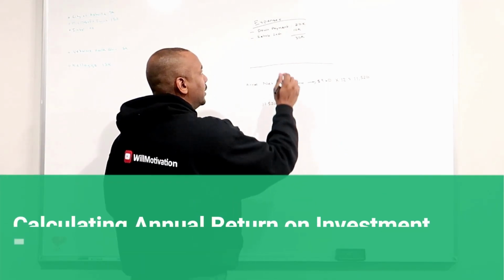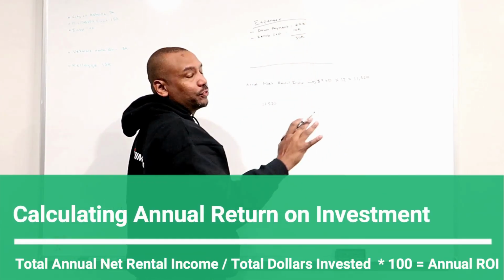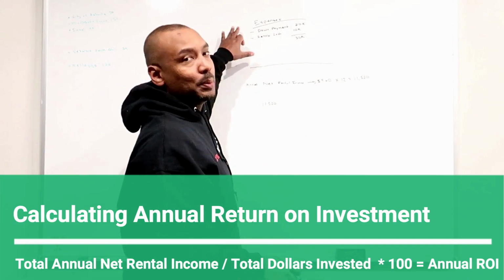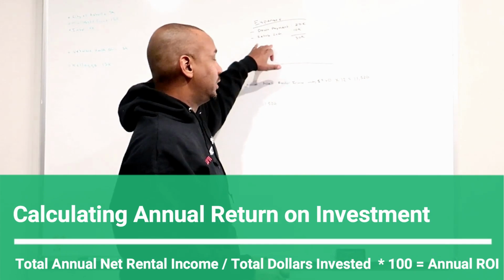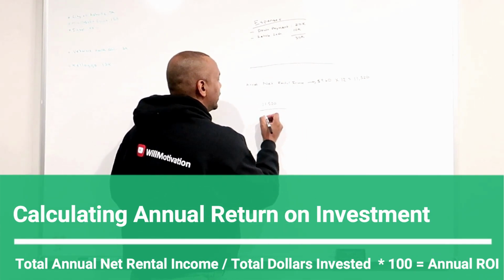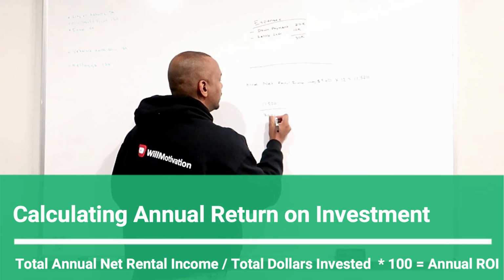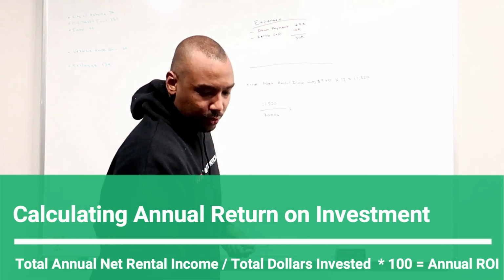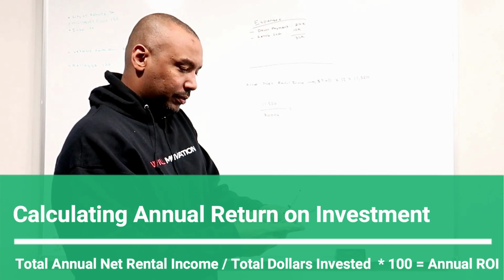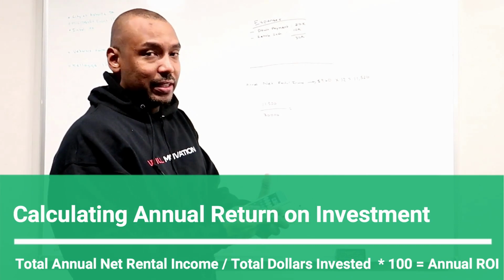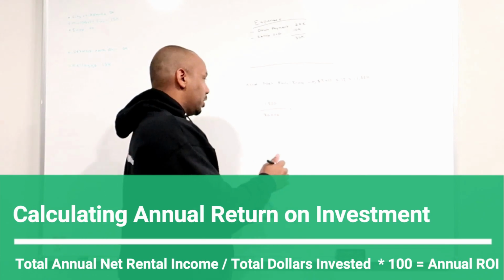11,520 divided by the total amount invested. So for the sake of example, we're saying we put down 20,000 and we rehab with 10,000 for a total investment of 30,000. You use that as the denominator here, 30,000 invested, so 11,520 divided by 30,000. And then you multiply that times 100.